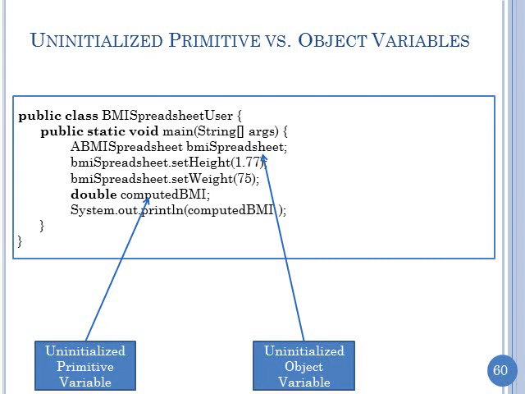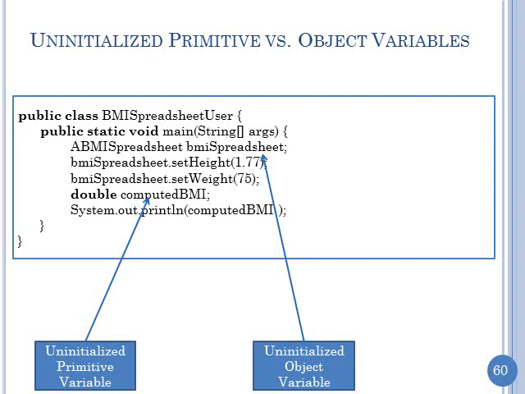Well, let me first show you, from a programming point of view, how it makes a difference. Now, I said double compute BMI, but I didn't assign to the variable any value. I have BMI spreadsheet. I didn't assign to that BMI spreadsheet any value. So I have an uninitialized primitive variable and an uninitialized object variable.